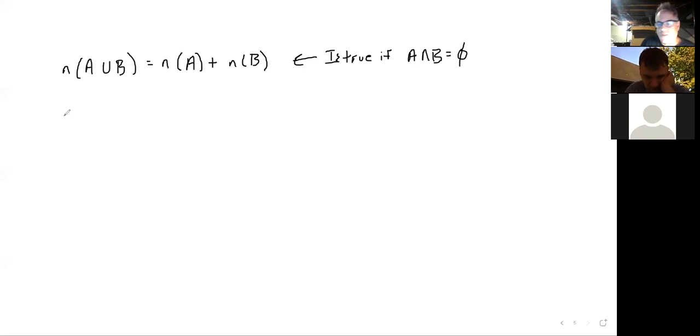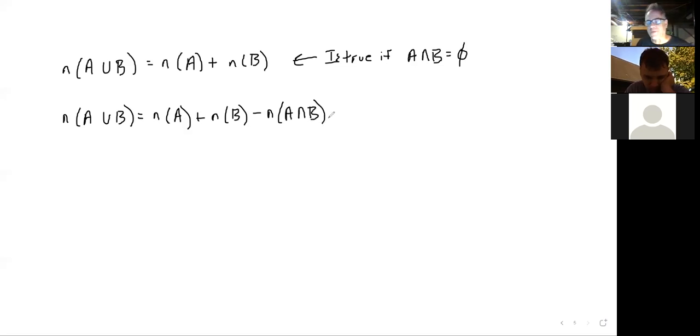So if their intersection is not empty, if they have something in common, to make this always true, so we don't double count anything, then on the right-hand side, I'll just take away the cardinality of their intersection. That is, I'll take away the number of elements that are common to both. And this then is always true for any sets A and B.